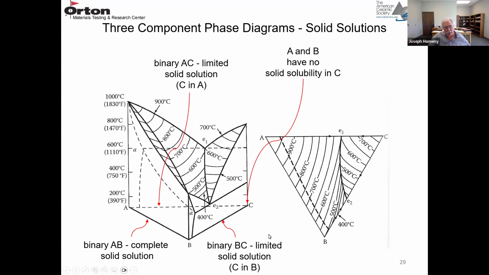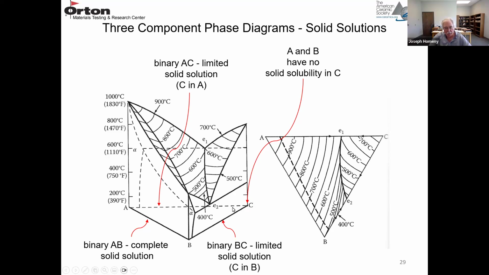And then the other thing we can see on a phase diagram are solid solutions. So this binary phase diagram, AB, if you look at it here, this is a complete solid solution. So A and B dissolve in each other completely. You can see the solid solution region here, where we have solid and liquid. This binary phase diagram, BC, there's limited solid solution.